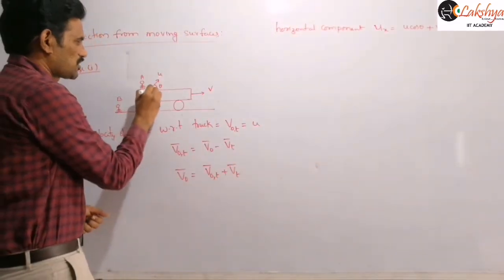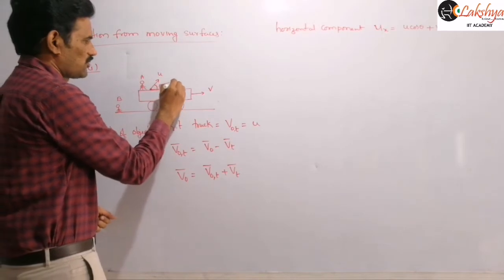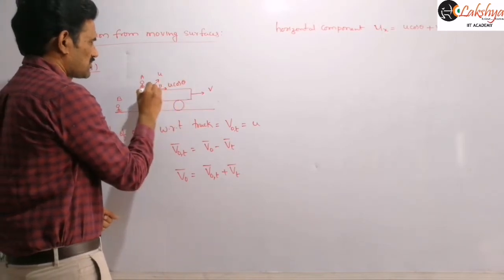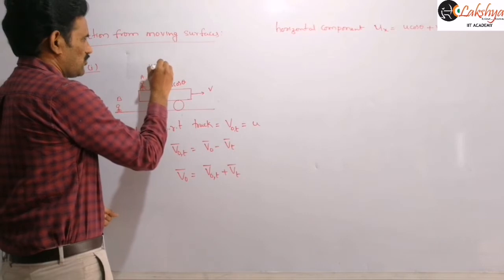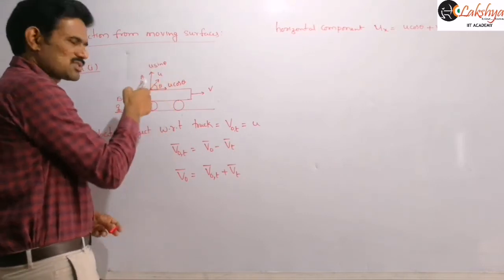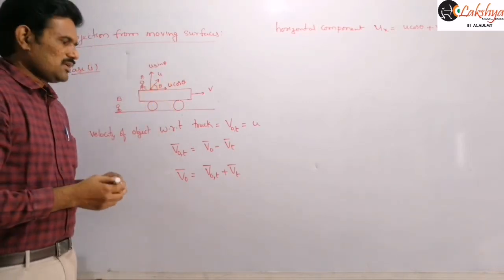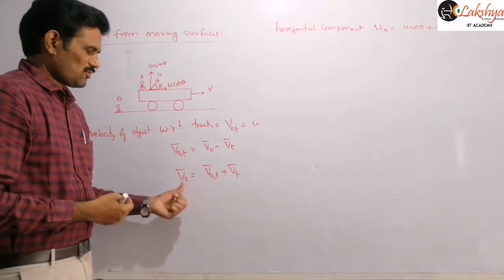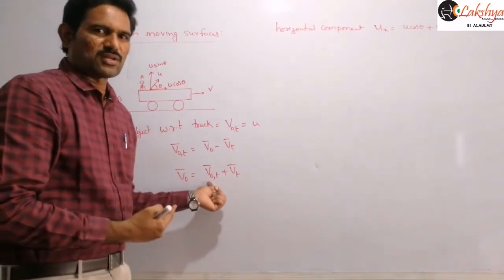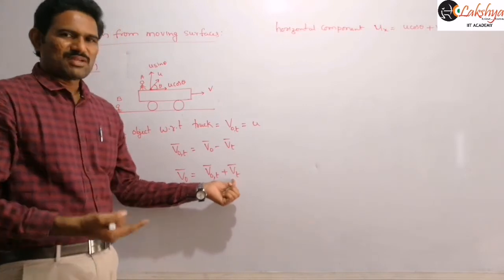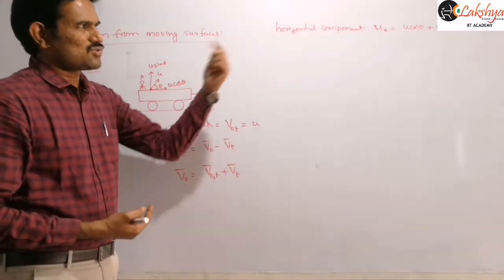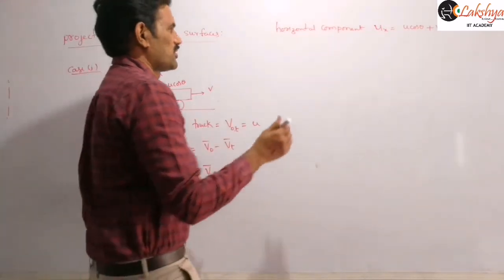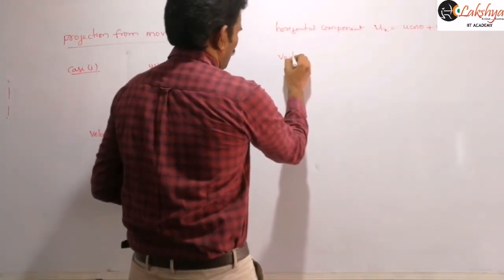If I resolve the velocity with respect to the truck into components, you get u cos theta along this direction and u sin theta along this direction. These are the components with respect to the truck. Now when writing the horizontal component, we need to write the velocity of the object with respect to the truck along the horizontal direction plus the velocity of the truck along the horizontal direction. So that is our horizontal component. And now I am writing the vertical component here.